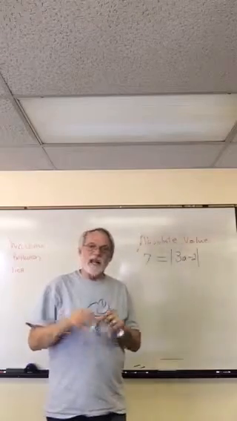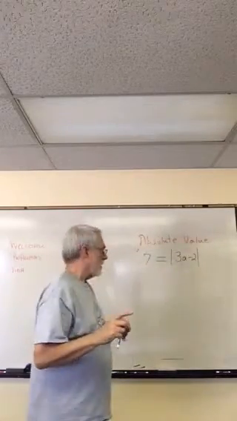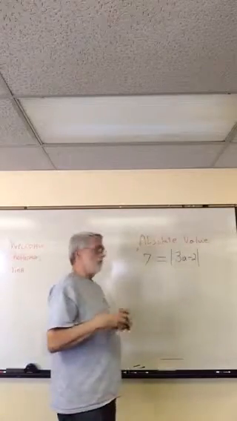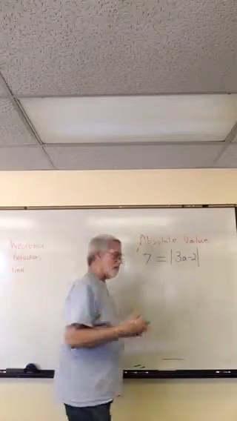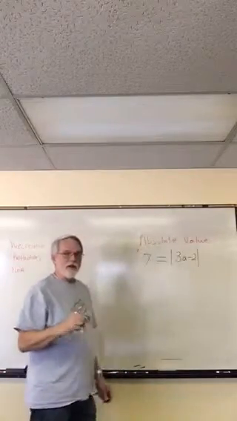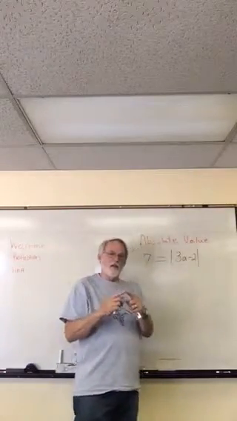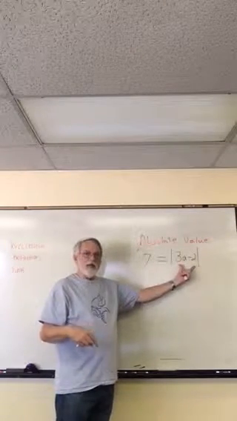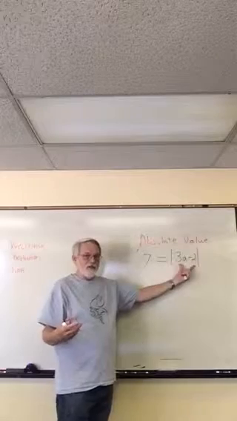Seven equals the absolute value of 3a minus 2. Are there two possible answers? Let's find out. The way you solve absolute value is you set up the equality equal to both this value and the opposite of this value.